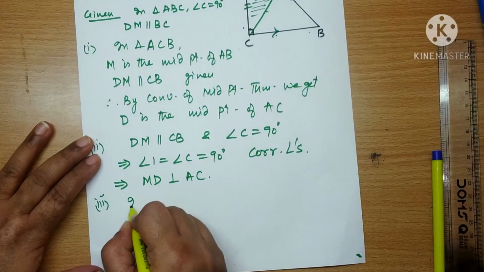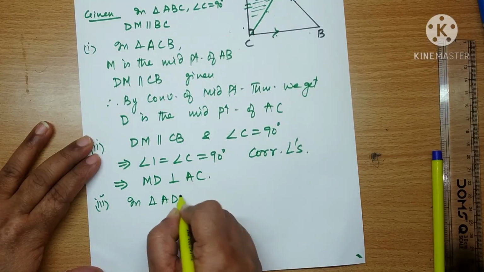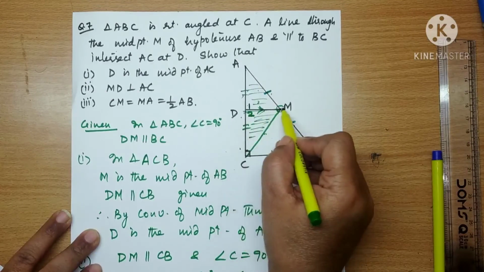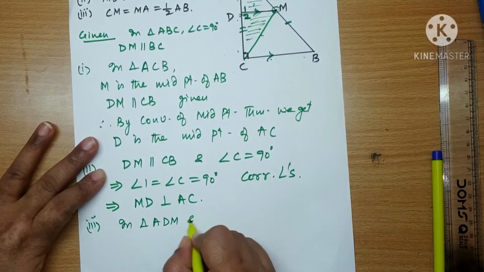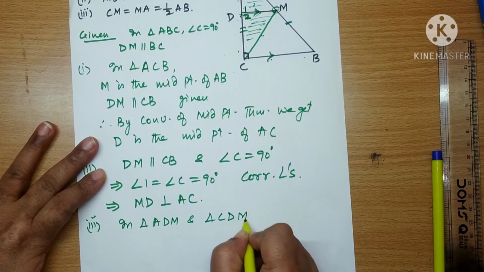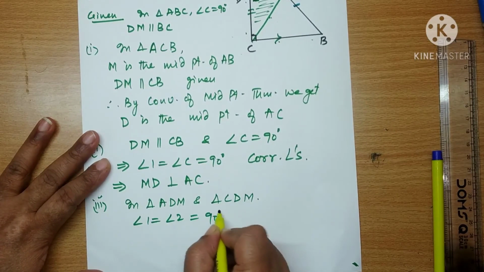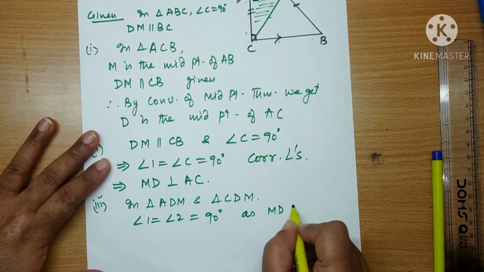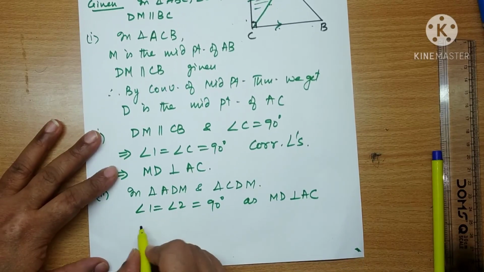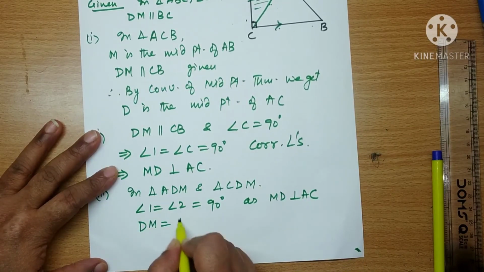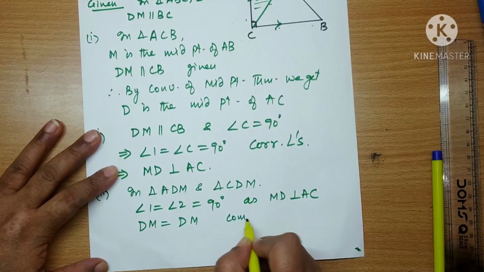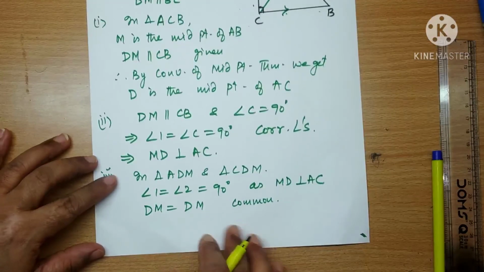Right. So in triangle ADM, I am labeling ADM and CDM, and triangle CDM, we have angle 1 equal to angle 2 equal to 90 as MD is perpendicular to AC. Then we have DM equal to DM, common. Writing reasons are very important in geometry.